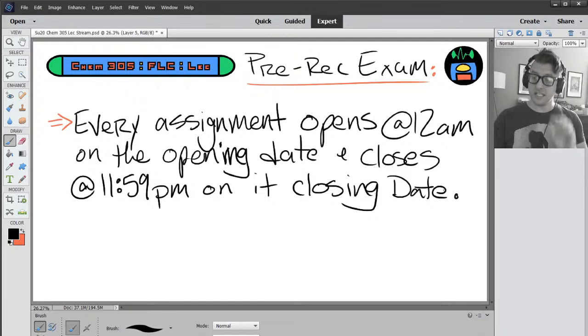This is the case for every assignment, whether it's a lab quiz or an exam or the syllabus quiz, for example. Every single assignment opens at 12 a.m. on the opening date, closes at 11:59 on the closing date.